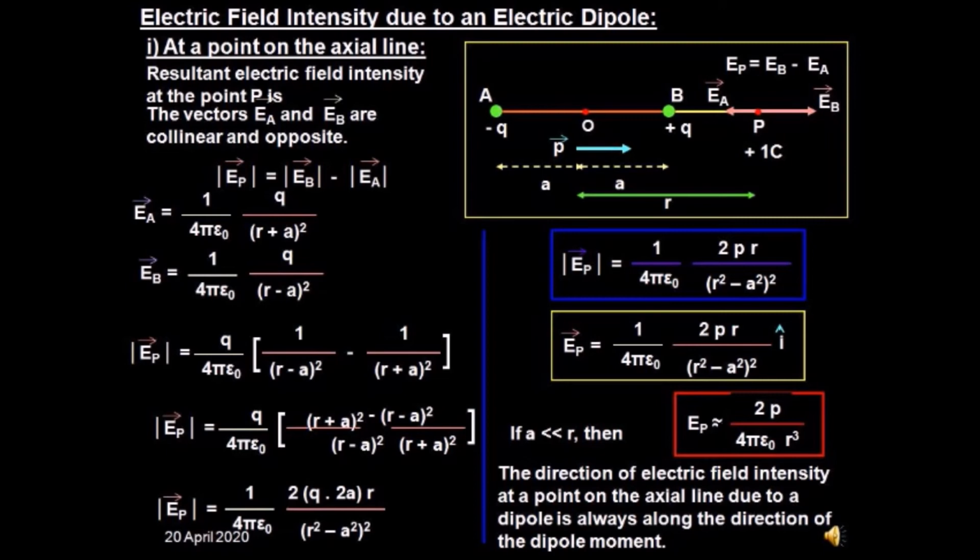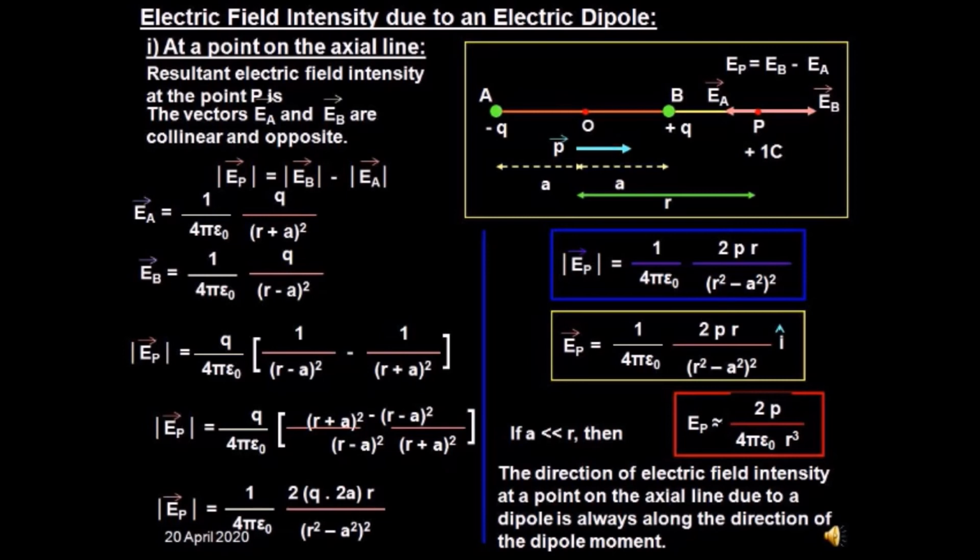Finally, whenever we are solving dipole problems, we have to write the formulas in terms of the dipole moment vector, which we studied in the first sheet. Dipole moment vector is denoted as p, and if we recall, it is the product of charge into distance.